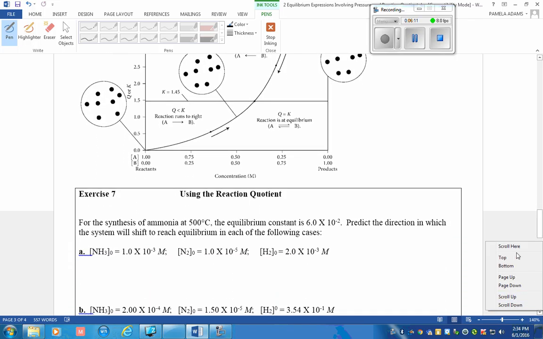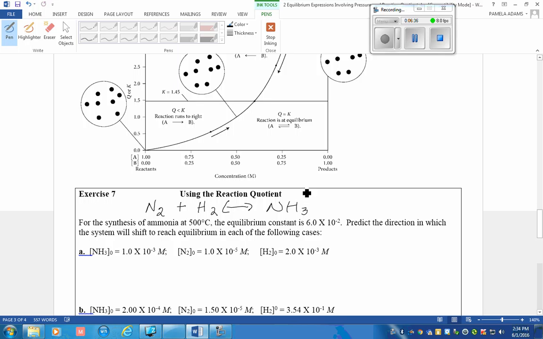Okay, so we have the synthesis of ammonia at 500 degrees C. You're expected to know the synthesis of ammonia. It is a very famous process called the Haber process, where you take elemental nitrogen, react it with elemental hydrogen, and you make ammonia.